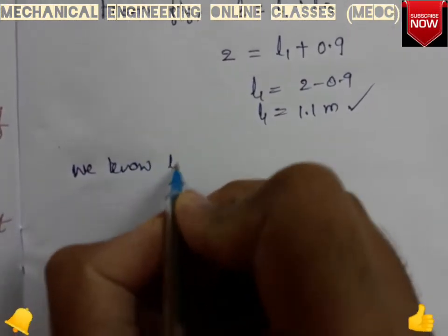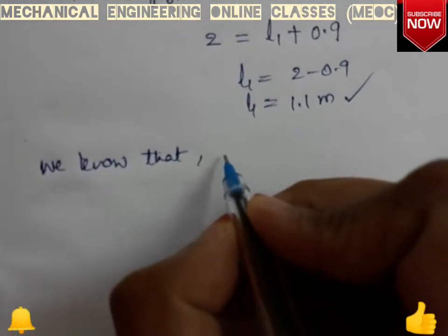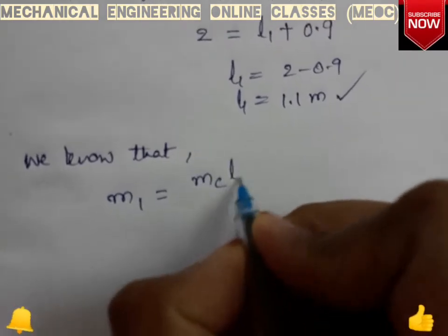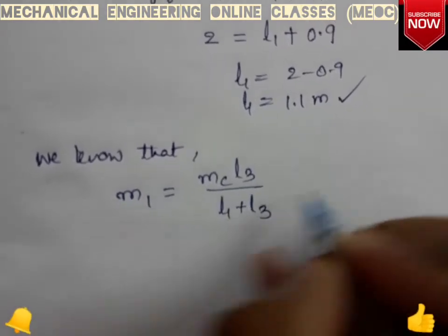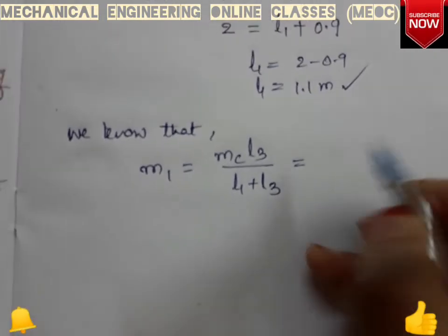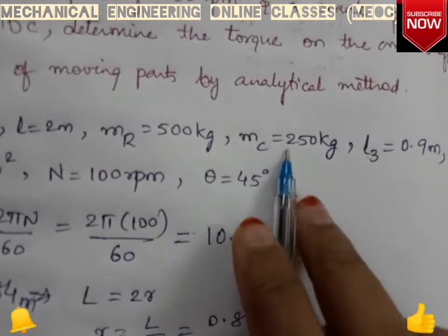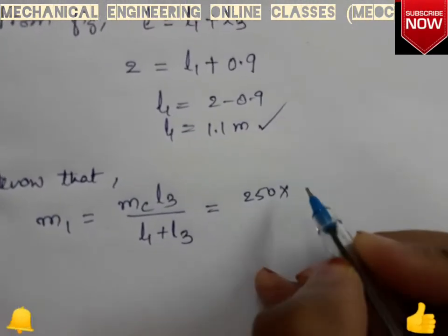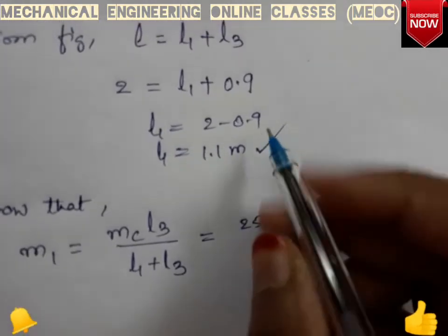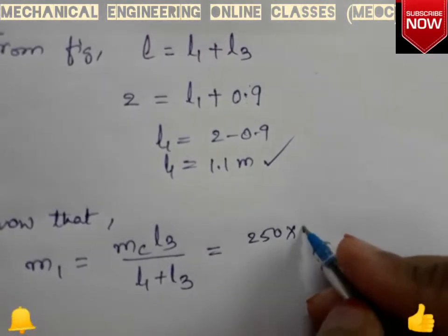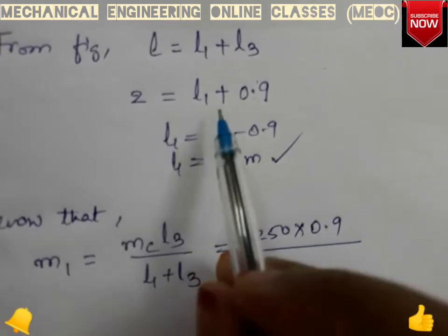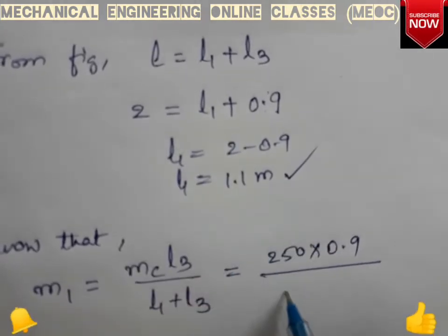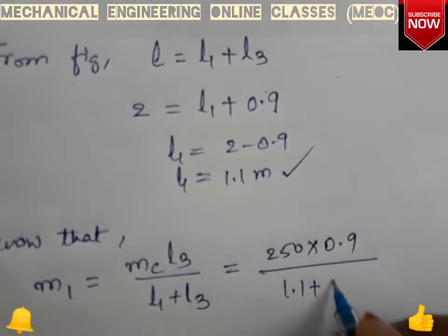We know that the mass placed at the small end center is M1. This can be given as MC L3 by L1 plus L3. MC is given as 250 kg, so it is 250 into L3, which is 0.9, divided by L1 plus L3, which is L, 2 meters.